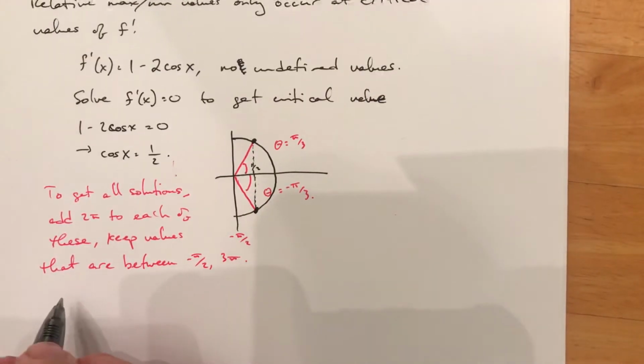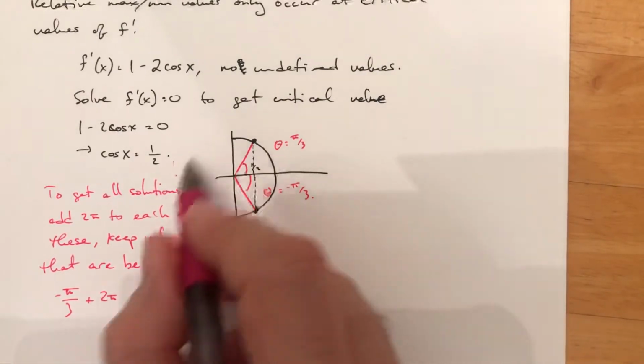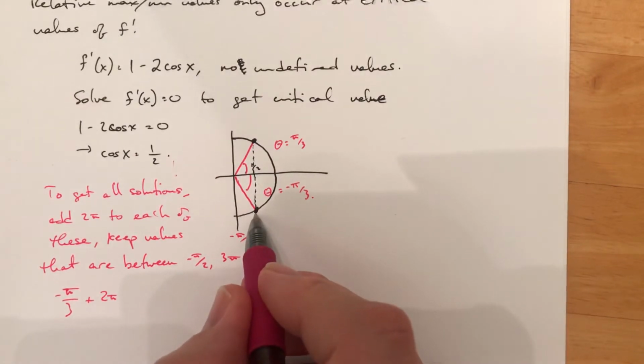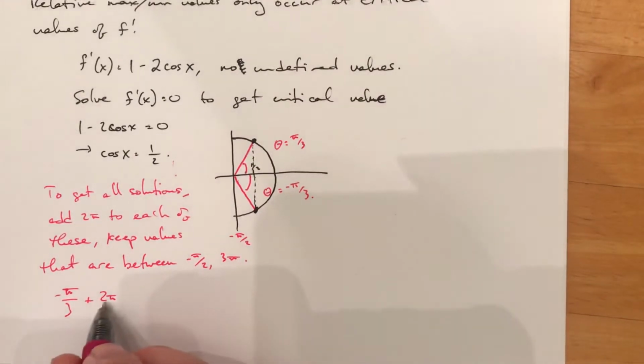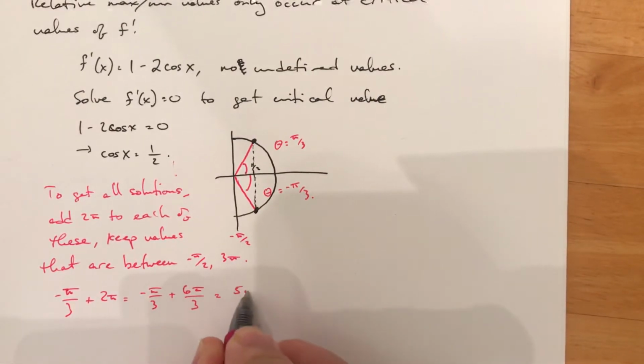So we take this negative pi over 3, we're going to add 2 pi. That's going to take us all the way around the circle to this angle again. We get a common denominator. That's negative pi over 3 plus 6 pi over 3 makes 5 pi over 3.